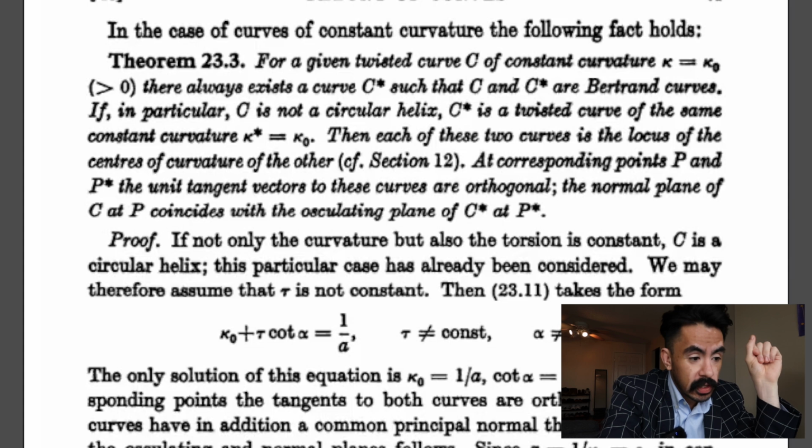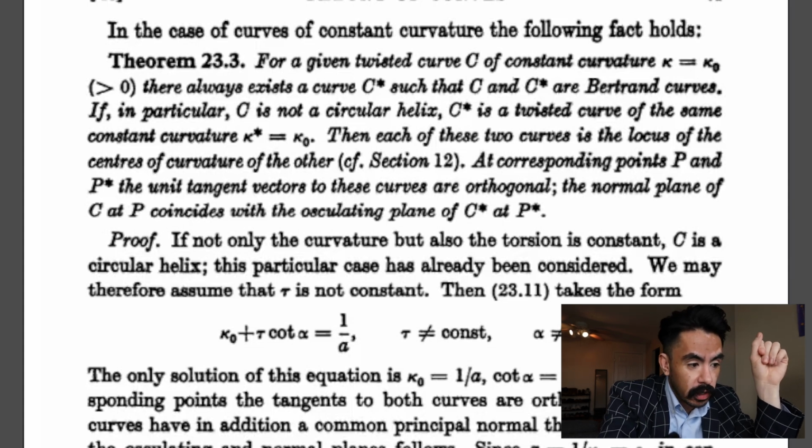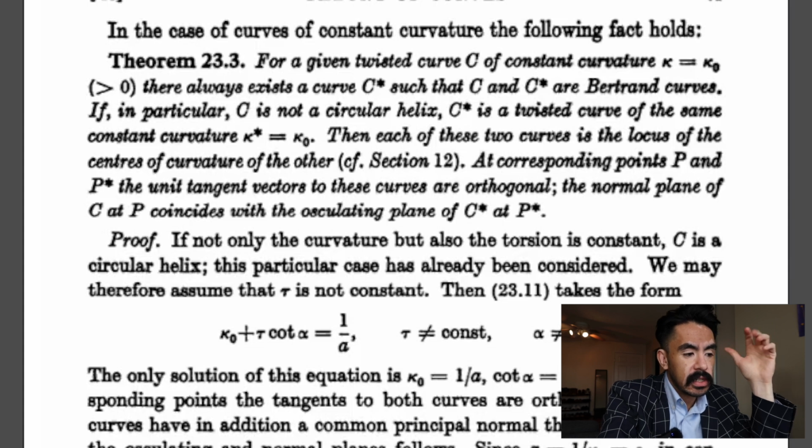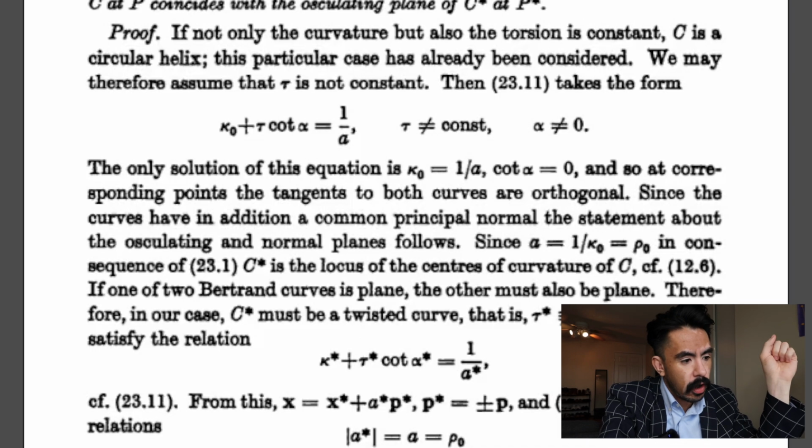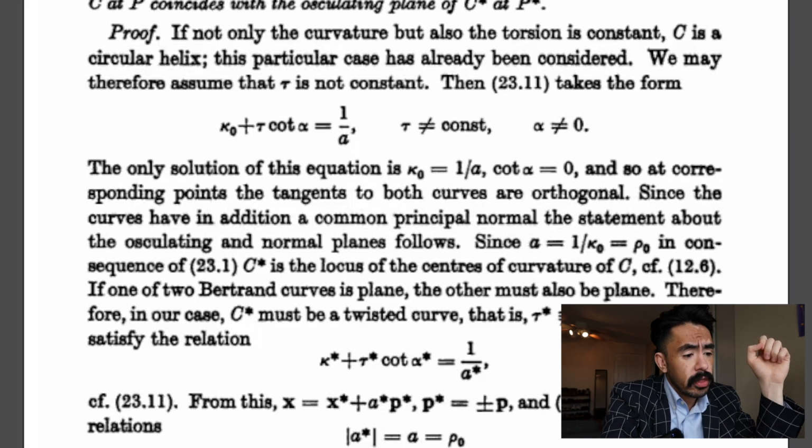At corresponding points, P and P star, the unit tangent vectors to these curves are orthogonal. The normal plane of C at P coincides with the osculating plane of C star at P star. This is proved as follows. If not only the curvature but also the torsion is constant, capital C, the curve proper, is a circular helix. This particular case has already been considered.